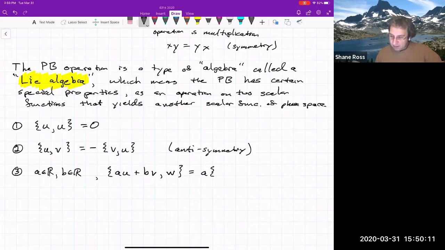Well, it's going to be a, since it's not a function, just a coefficient, we could pull it out, times the Poisson bracket of u with w, plus b times the Poisson bracket of v with w. This property is linearity. And the normal algebra does obey linearity.